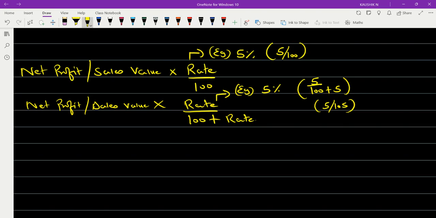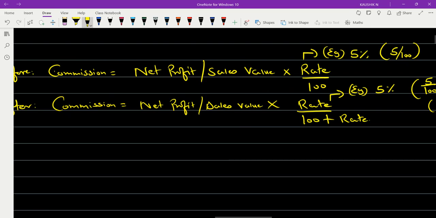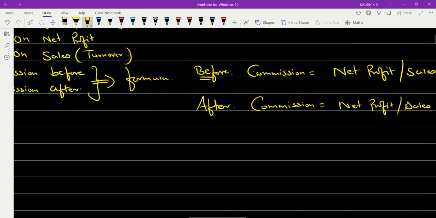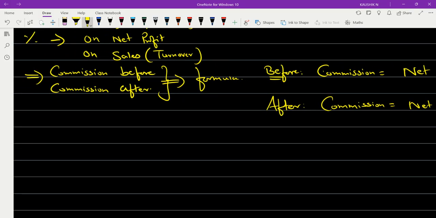Am I making sense to you on how this varies? அங்க 5 by 100 தான், இங்க 5 by 105 இருக்கும். புரியுதா? With the help of this, we'll calculate the amount of commission. Any doubt?